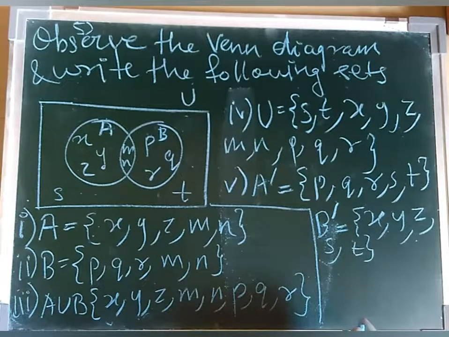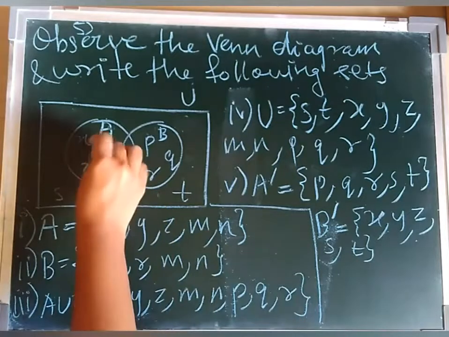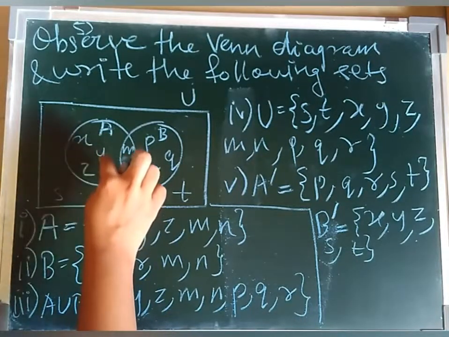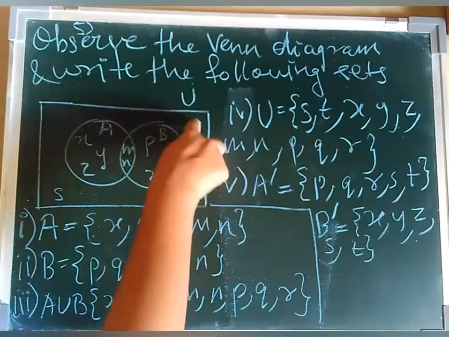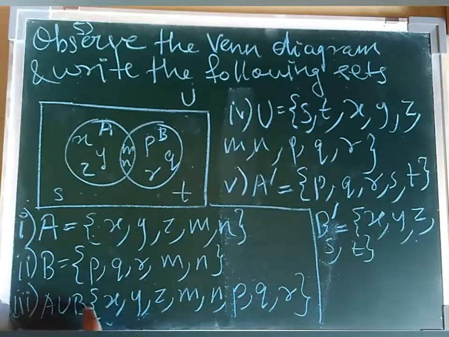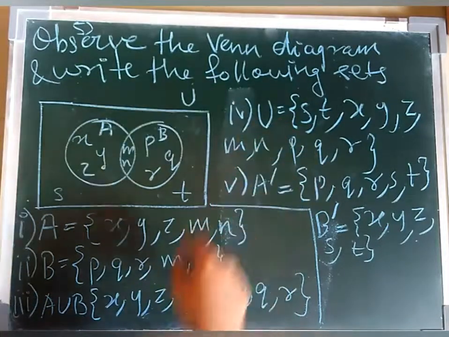Next, A union B complement. That means all the elements which are in U but are not in A union B. That means we have to find the elements which are not in A union B but they are in U. Which are those elements?